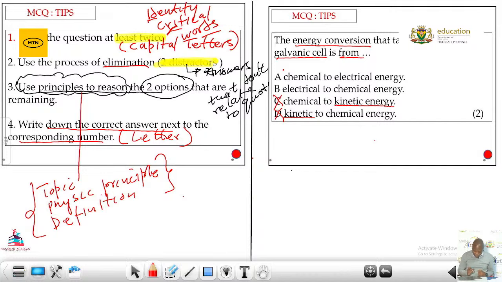Which will need me to have a physics principle, either a definition or something relating to the topic, in order for me to choose the correct one.